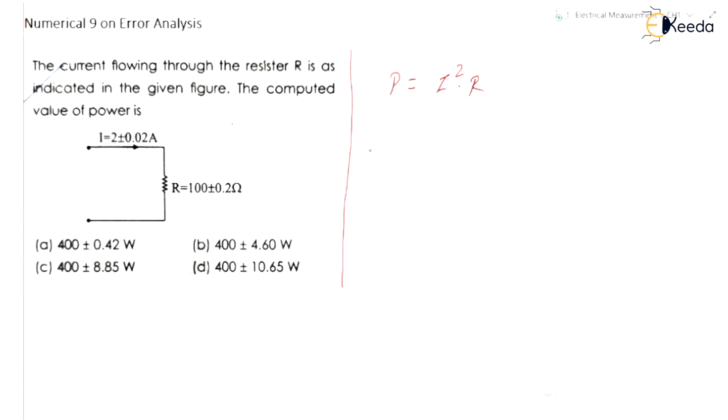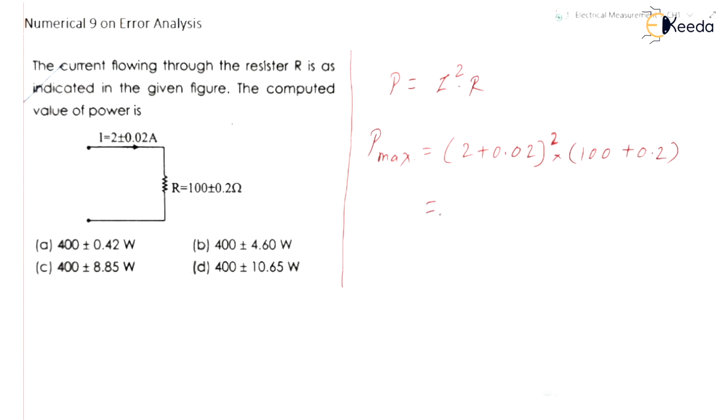So can we write the maximum value of power is equal to, power will be at maximum value when current and resistor both are at their maximum value. So what is the maximum value of current? It is 2 plus 0.02, into what is the maximum value of resistor, 100 plus 0.2.